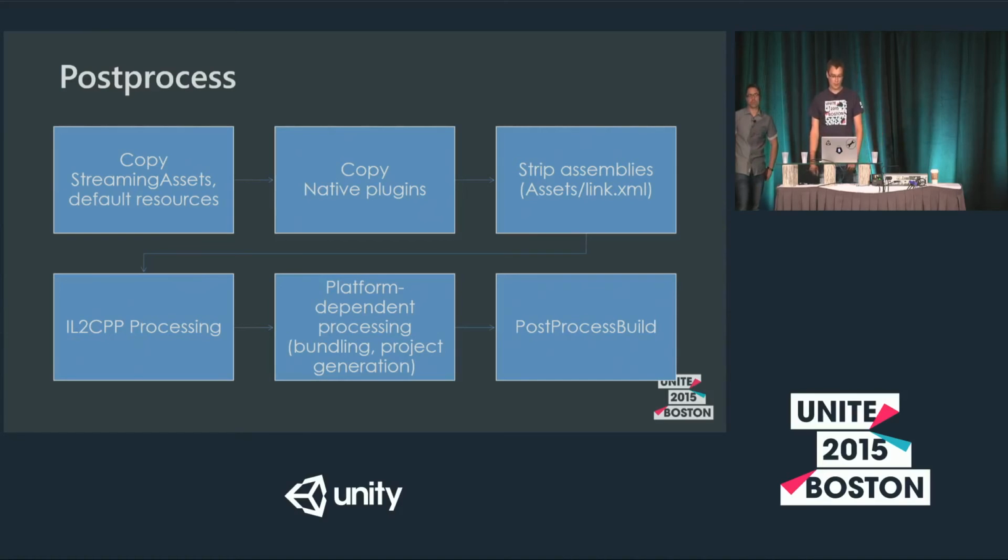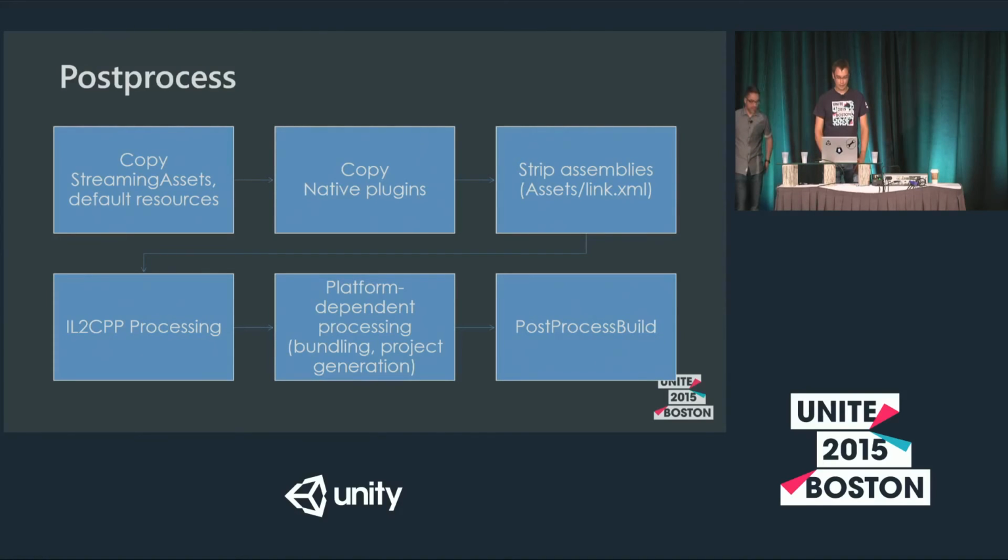Then we strip assemblies. This is a very important part. What does it mean? During scene and shared resources serialization, we track all referenced scripts which are used during the build and remove all unused managed scripts.